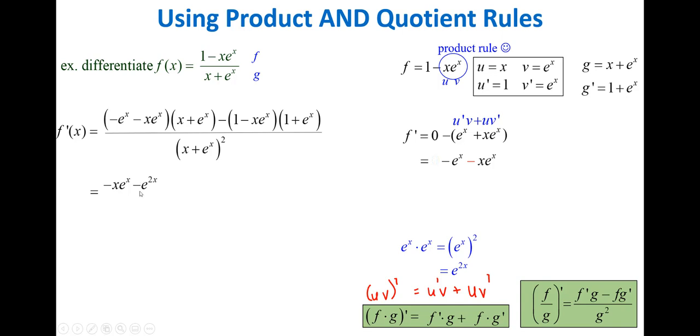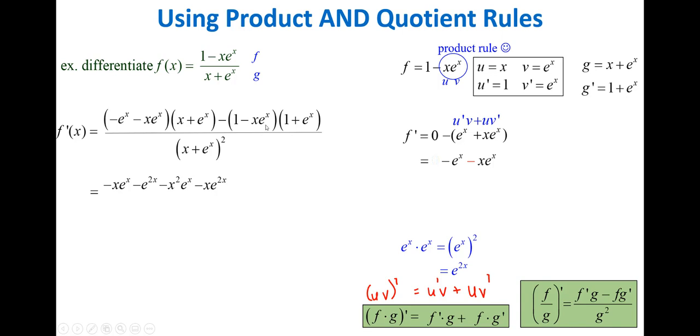So here I'm going to put minus e to the 2x. Then this times this is going to be negative x squared e to the x. This times this will be negative x, and I'll just go right to e to the 2x, multiplying e to the x times e to the x again.